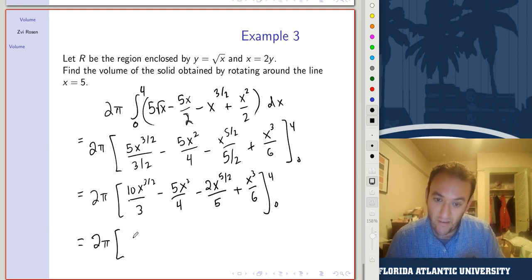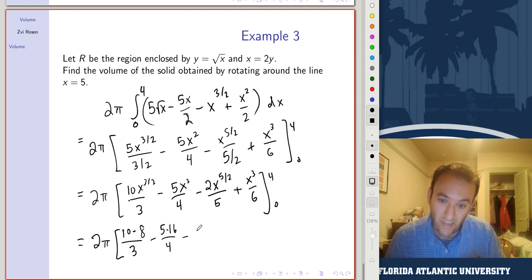So 2 pi times 10 times x to the 3 halves, the square root of 4 is 2, so that's 8 divided by 3 minus 5 times 16 divided by 4 minus 2 times, okay, it's 4 to the 5 halves, so that's 16 times 2, or 32, over 5, plus 64 over 6.